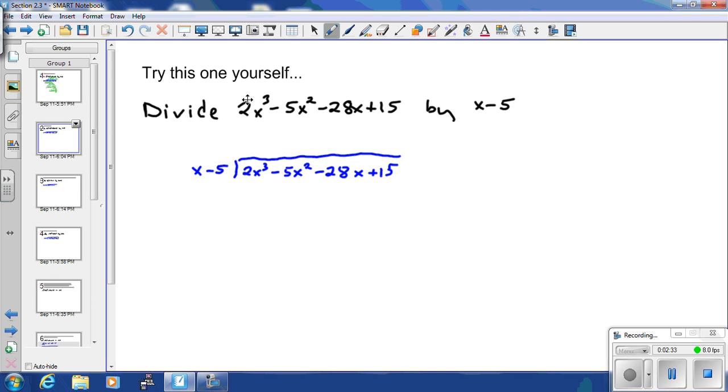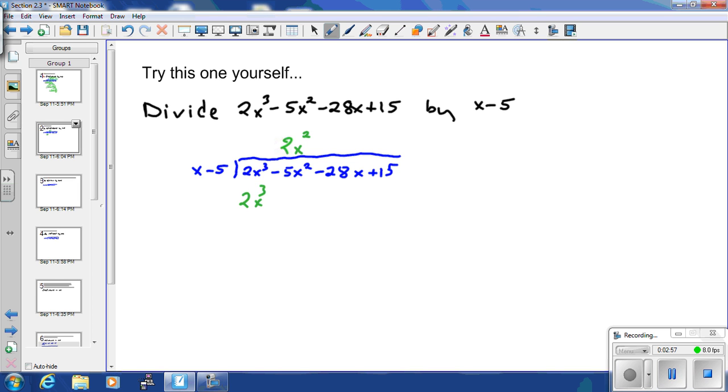Here's one for you to try by yourself. I've got it set up. You can pause the video if you like and then resume it once you're done to see if you've done it correctly. How we'll do this one is we're going to say x times 2x squared is going to give me 2x cubed. So I multiply 2x squared times x minus 5.